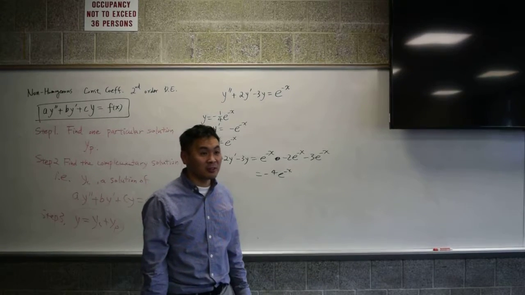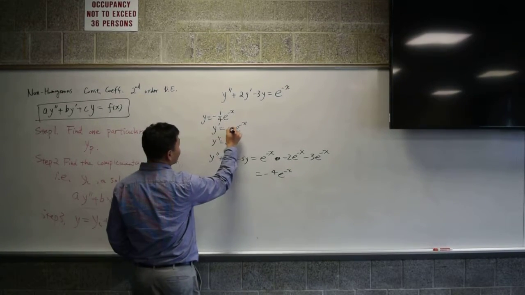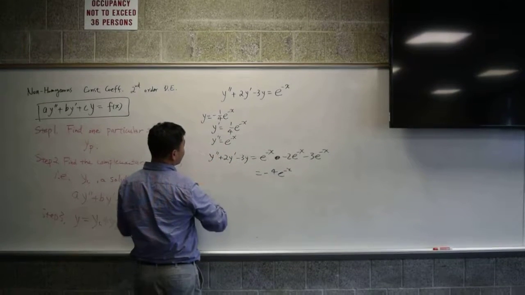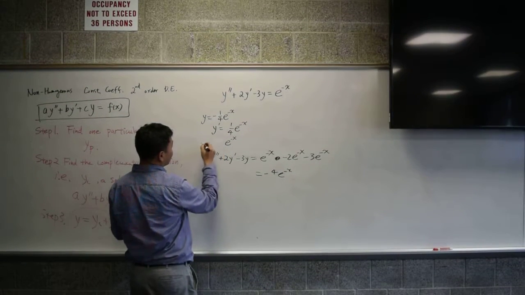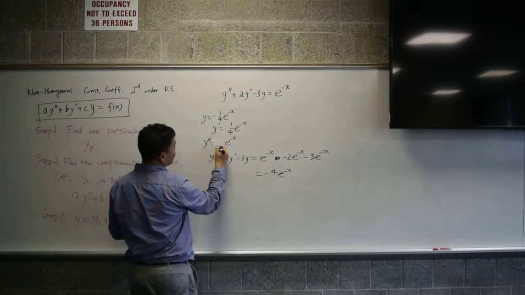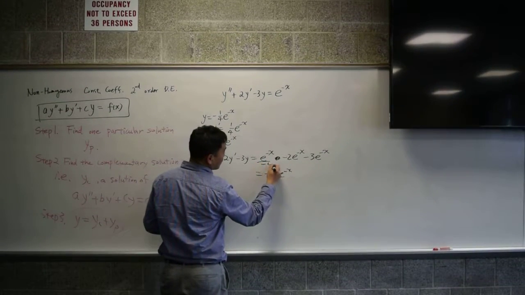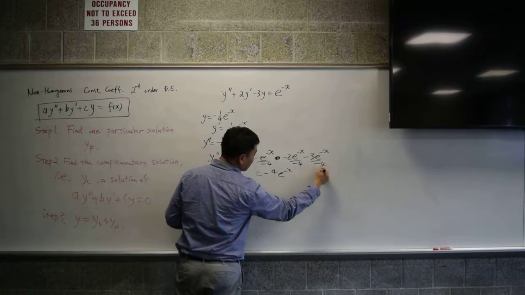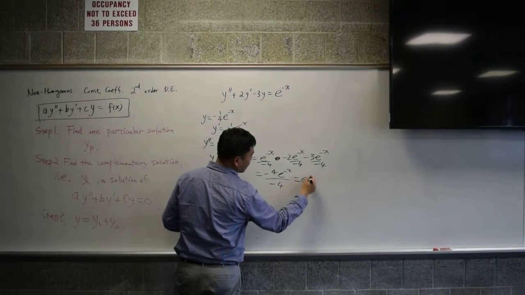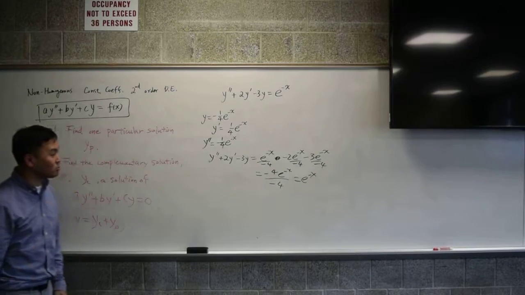Yeah, that's what you want. So if you do that, then you're going to get negative 1/4 e to the negative x over negative 4. That's going to be the solution. Okay?